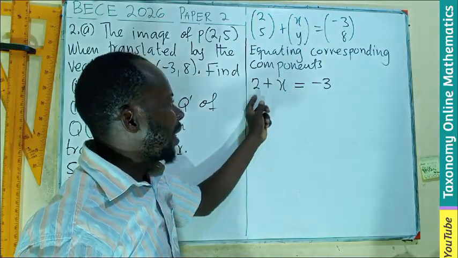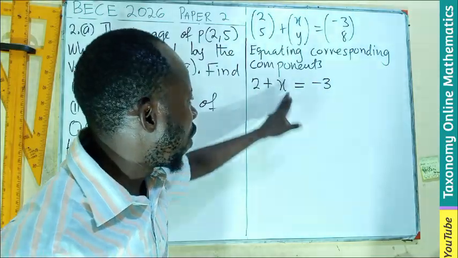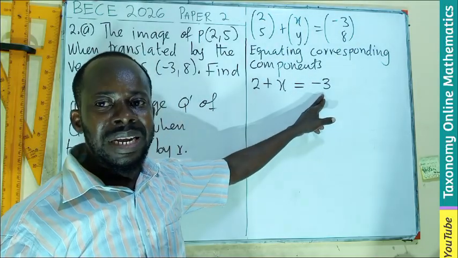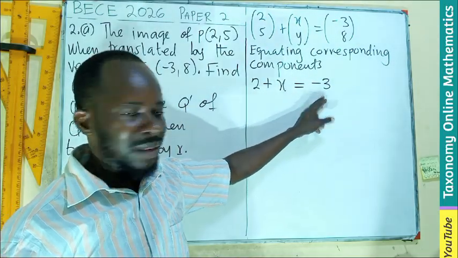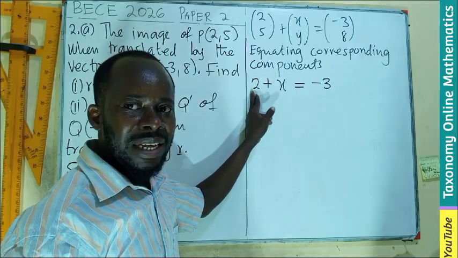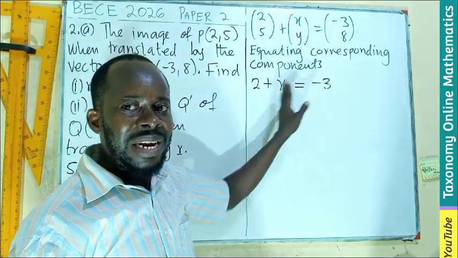If I add a value x to 2, the result will be -3. Or I remove the 2 from here so that I find x only.